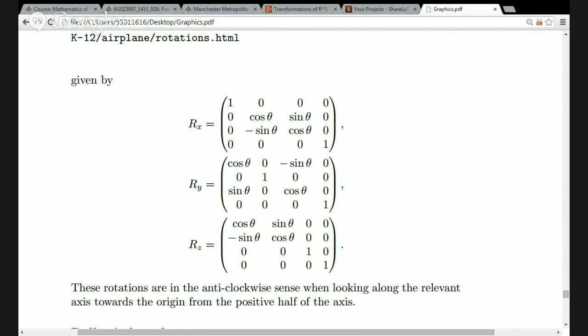So this one looking down on the y, this would be the angle theta here, and then this would be the angle theta here as well. So if you analyze the behavior of the vectors under these rotations, you'll satisfy yourself that these rotation matrices are the correct ones.